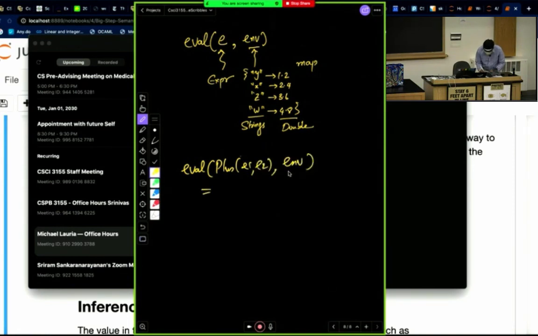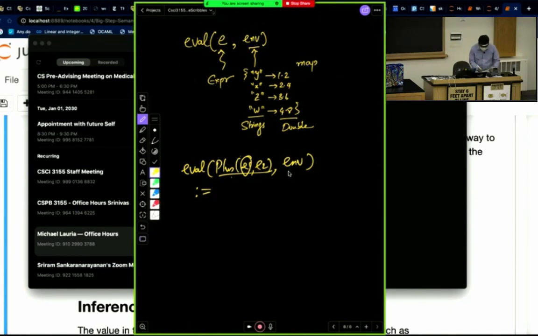How do you eval the plus of two things? So if your expression E is made up of a plus operator on some sub-expression and some other sub-expression, and these two are complicated. E1 can have log and sine and cosine inside it. E2 can have a complicated series of operations inside it. How do you express the eval of plus of two things in terms of the two things inside it?